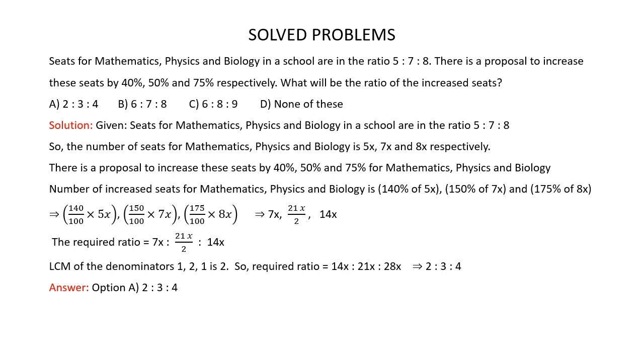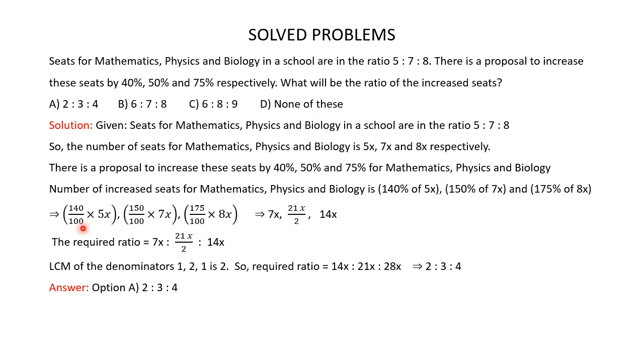So the number of increased seats for mathematics, physics and biology is 140% of 5x, 150% of 7x and 175% of 8x respectively.